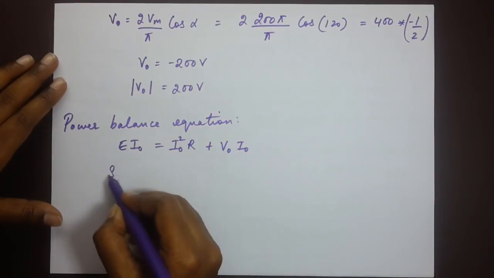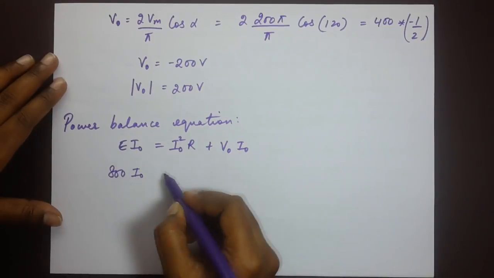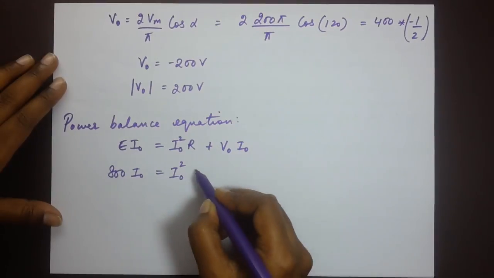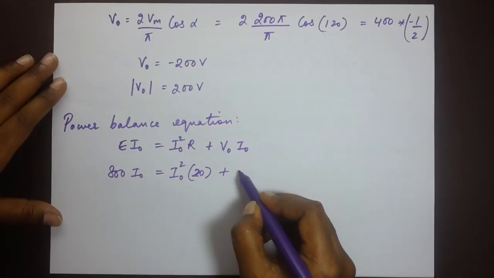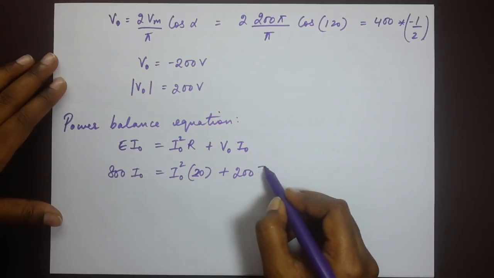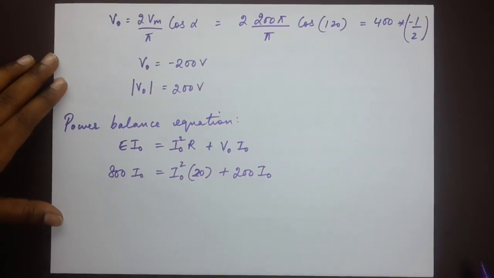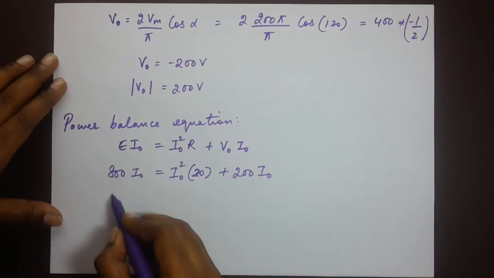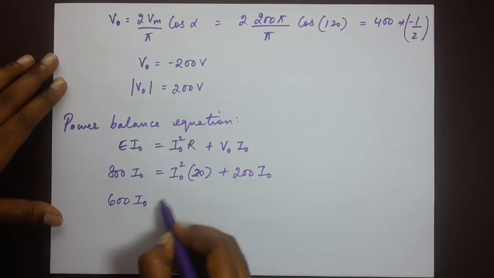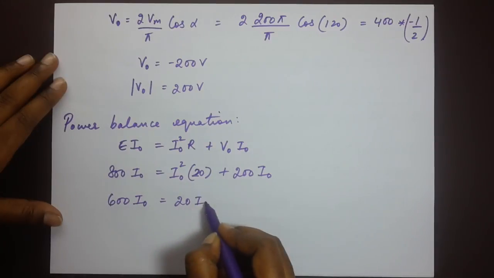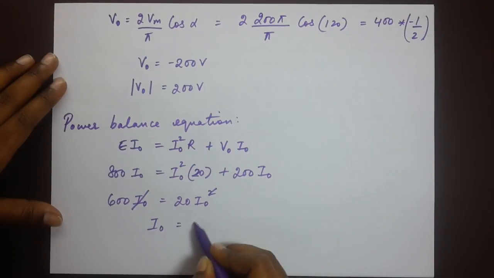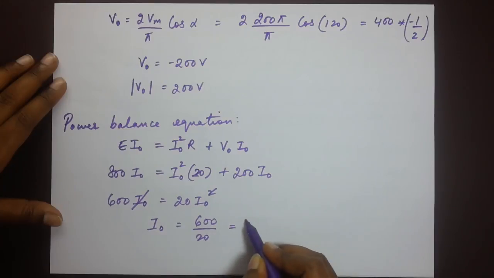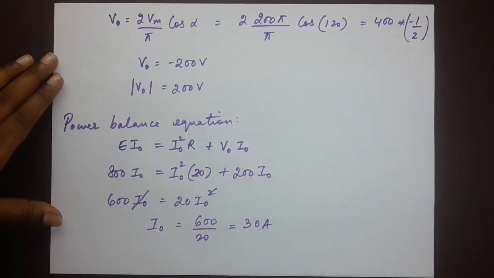So we have the value of E as 800, we don't know what I naught is. We have the value of R as 20, plus V naught we just found, 200. Now we solve for I naught. So that's 600 I naught is equal to 20 I naught square, and that cancels out. So we have I naught is equal to 600 by 20, and that's 30 amps.